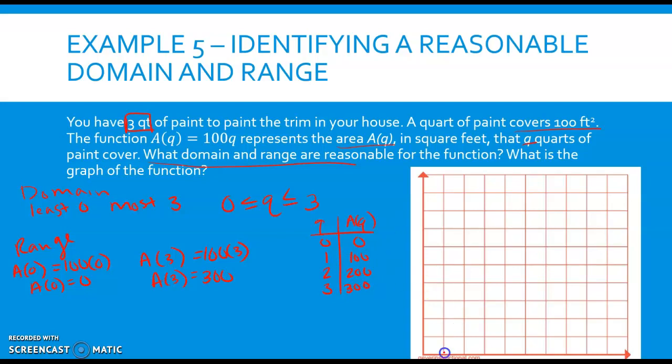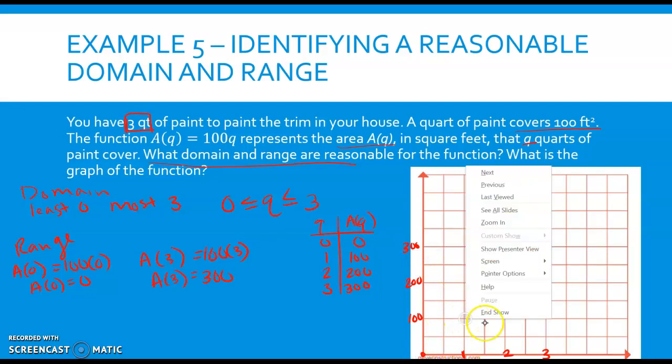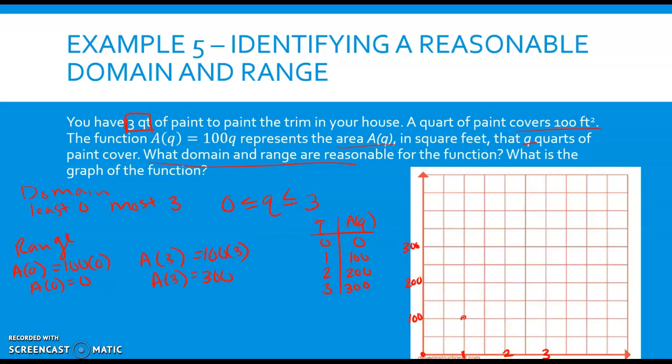And then when I graph it, I'm going to count these by 1. I'm going to skip 2, so really I'm counting by halves. And then I'm counting by 50s here. So 100, 200, 300. So 0, 0 in the corner, 1, 100, 2, 200, and 3, 300.